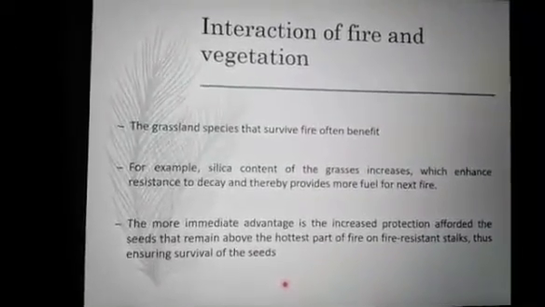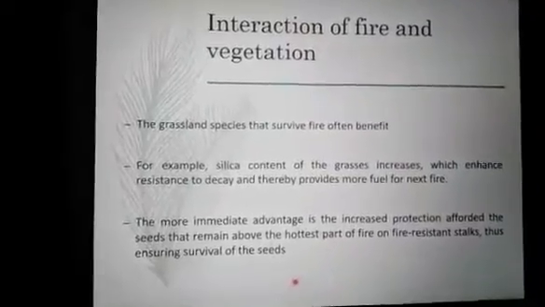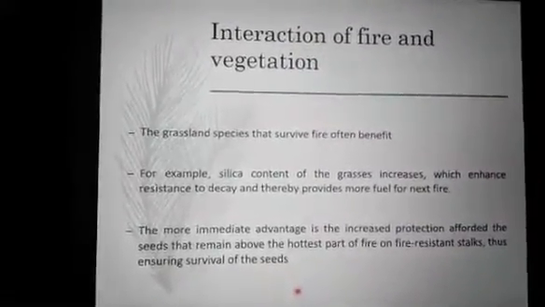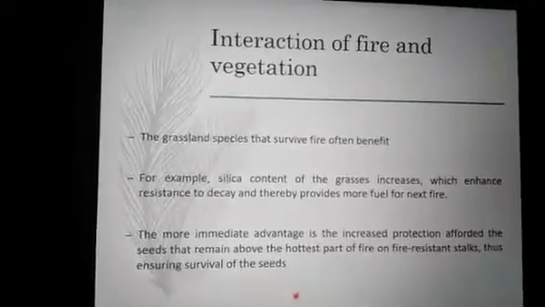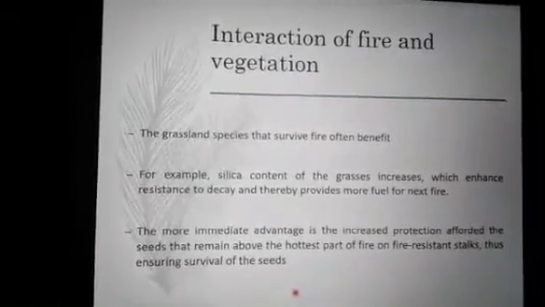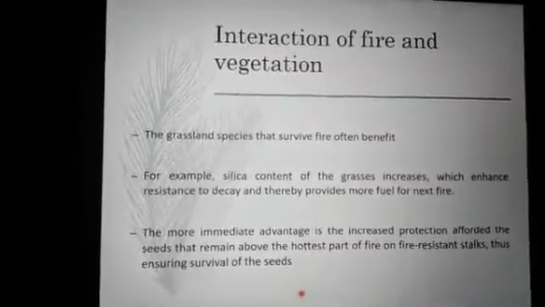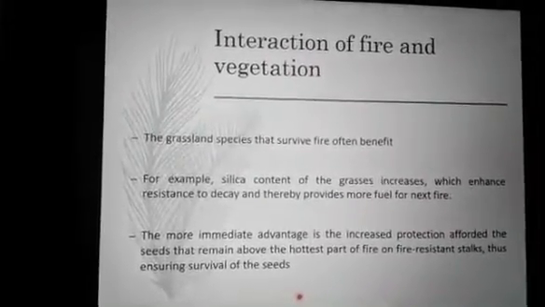So this silica acts as a defense mechanism for these grasses, because it protects them from damage and also from some sort of predation.